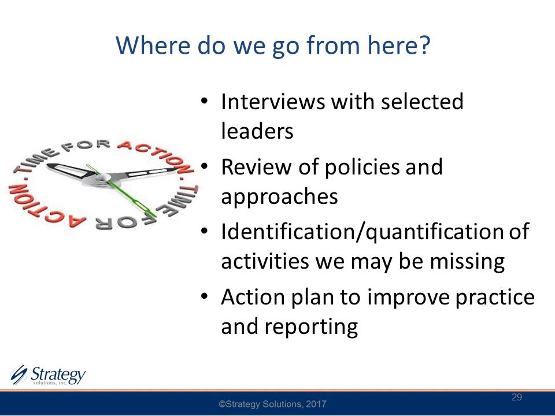So, where do we go from here? Here's something to consider as part of our upcoming evaluation process. Do we want to include, perhaps while I'm there, some interviews with selected leaders, looking at your policies and approaches for community benefit aligned with the community health needs assessment, and maybe try to identify some strategies of where things may be missing, and then come up with an action plan to help improve the practice in reporting?